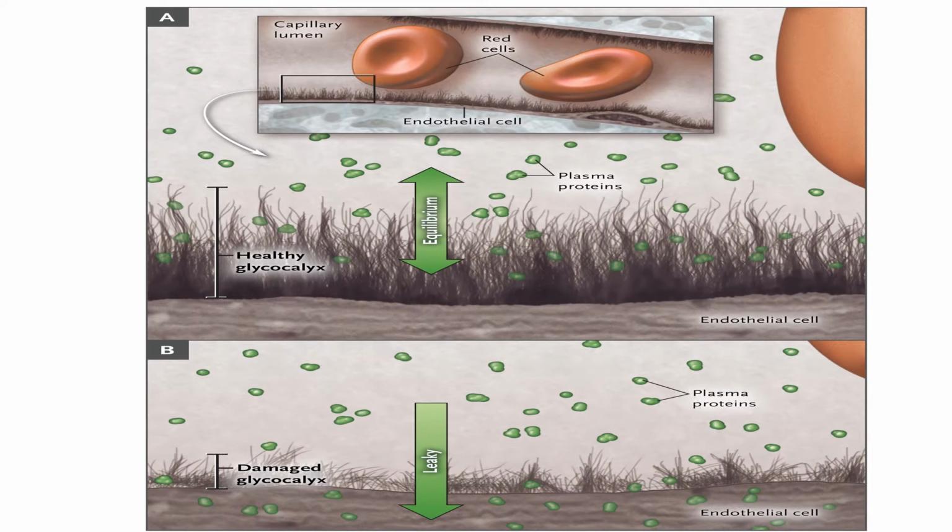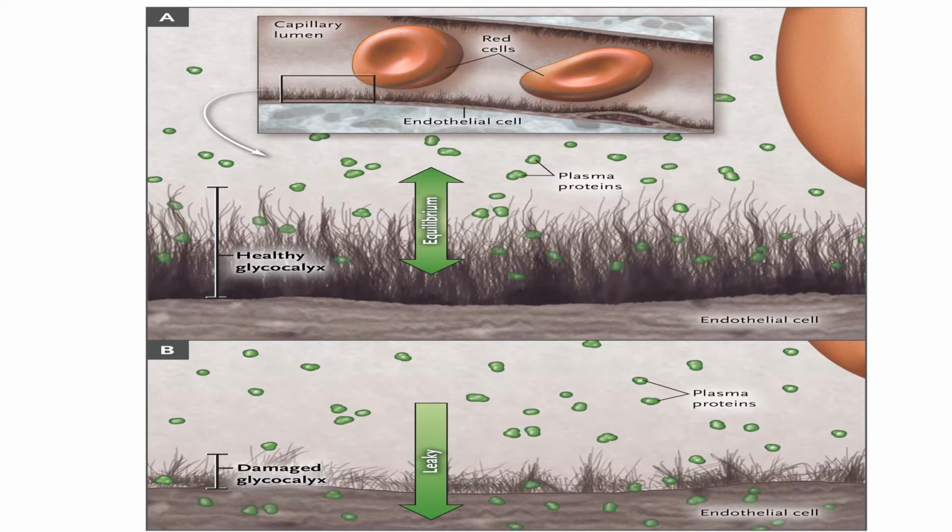Now I was talking about movement of fluid across the capillaries. So on top there is a capillary and there is an endothelial cell, and the hair-like structure which you see in the magnification is actually called the endothelial glycocalyx.